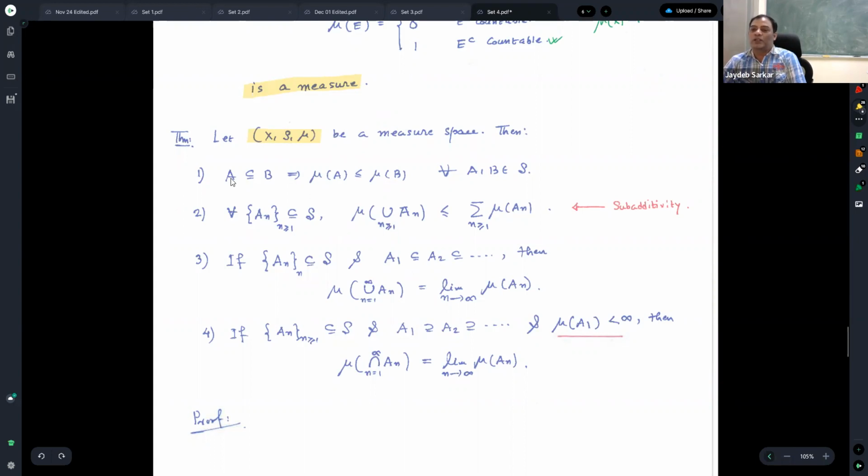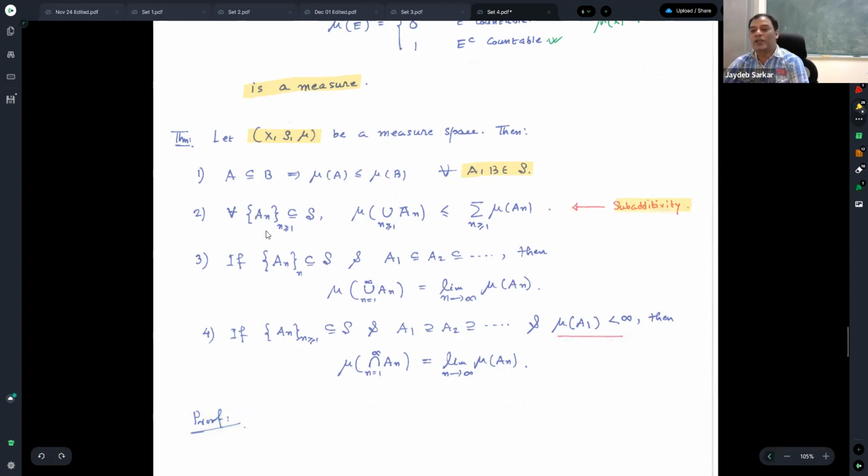First property, that it's kind of monotone. That means if A is a subset of B, then mu of A is less than or equal to mu of B. For all, don't forget, A and B should come from S. Don't say for any A, B. No, it's mu defined on S. Okay. Second is what we call subadditivity.